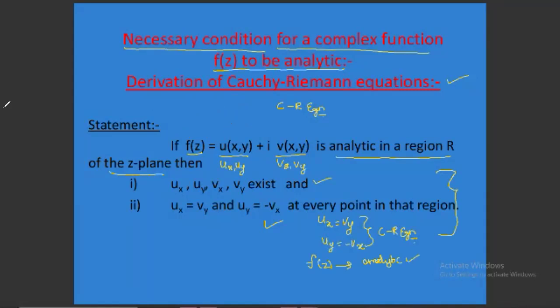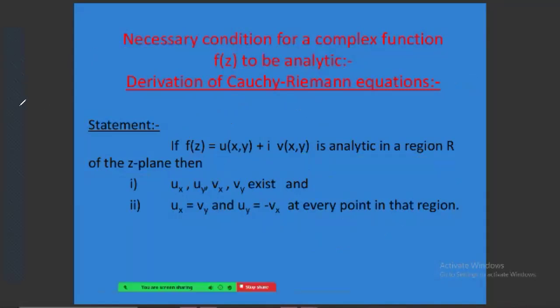Once again I will repeat: the statement is that if f of z is equal to u plus iv is analytic in a region R of the z plane, then the partial derivatives ux, uy, vx, vy exist, and they satisfy ux is equal to vy and uy is equal to minus vx at every point in that region.